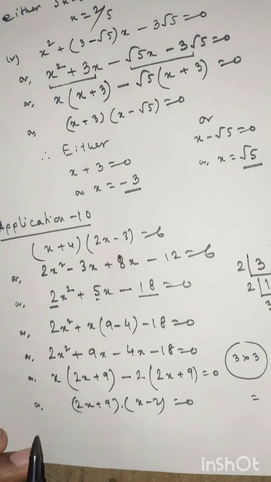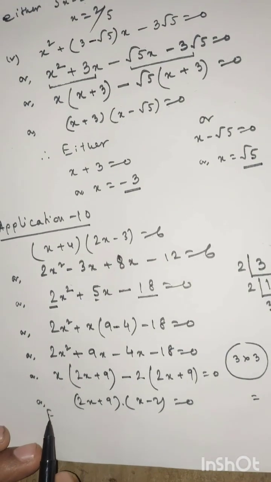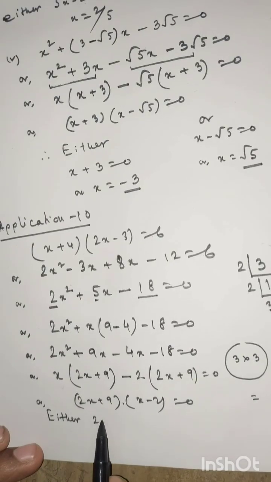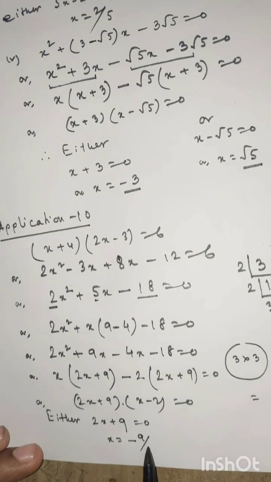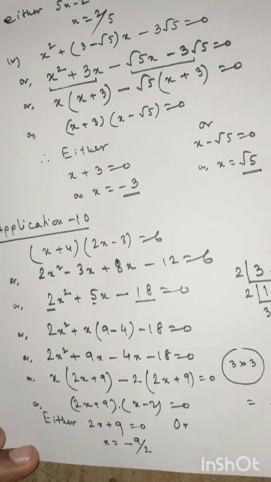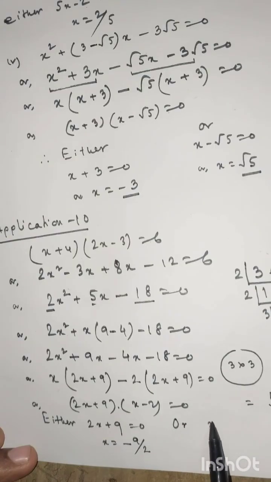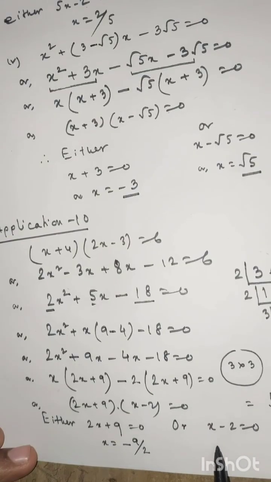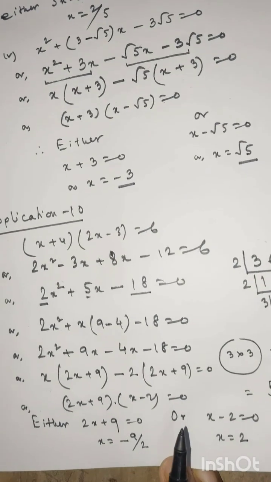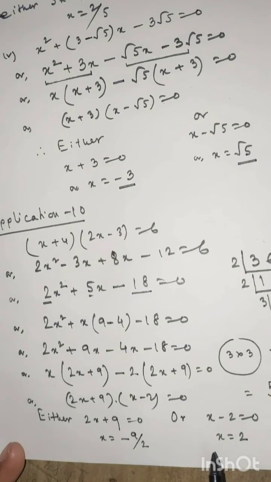Now either one factor is 0 or the other is 0, so we are having two roots of this equation.